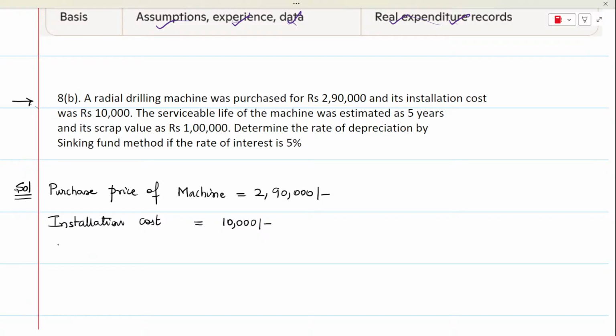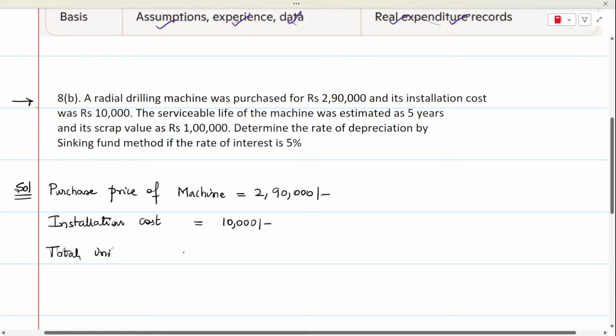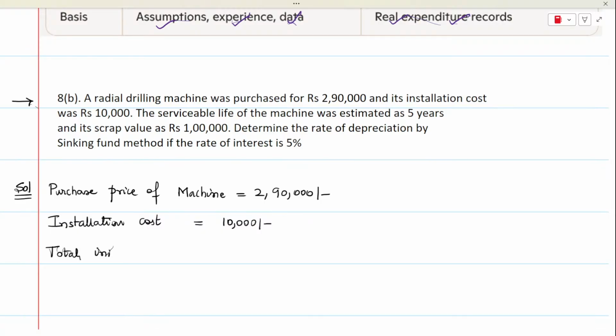Now, the total initial cost that has been spent is equal to 2,90,000 plus 10,000, which is 3 lakhs.